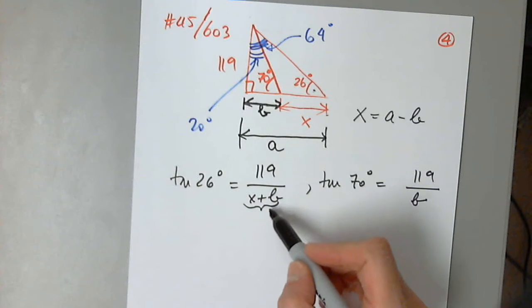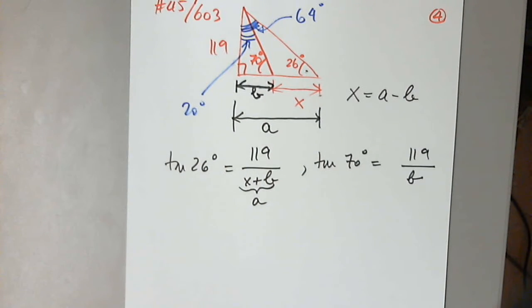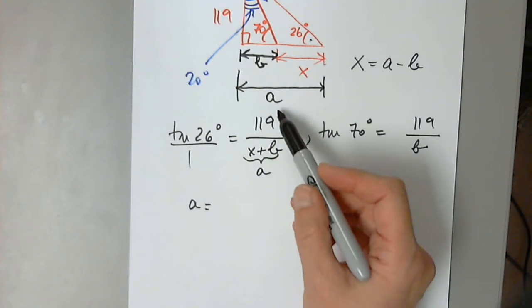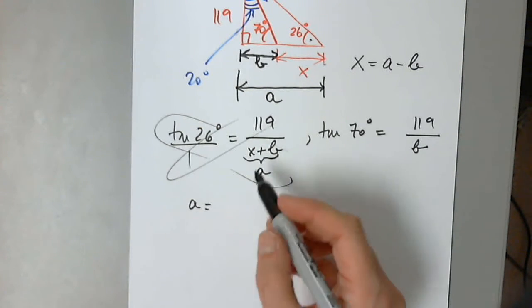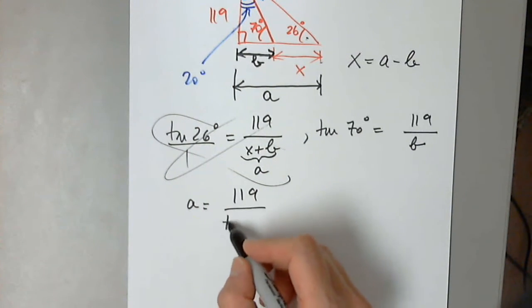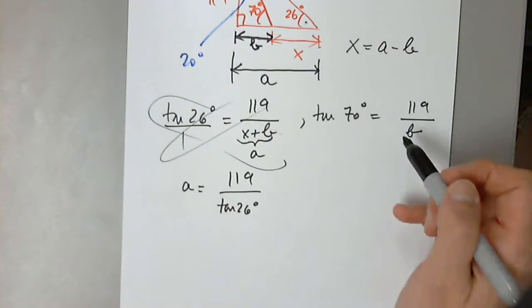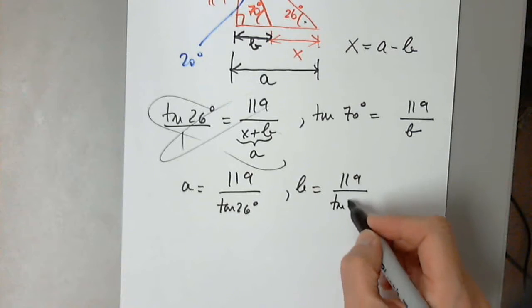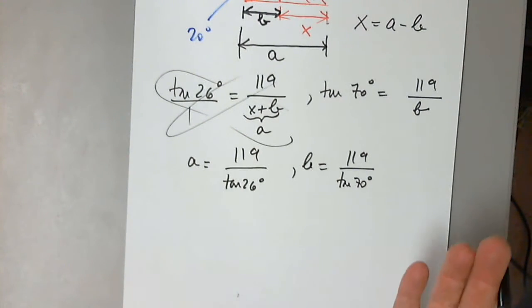You can say, okay, well, but this is your A. Yeah, that's fine. It's my A. So from here, I will solve for A. Remember, this is cross multiplication. And I get A equals 119 over tangent 26. Same thing here, I get B equals 119 over tangent 70. And I'm pretty much done.